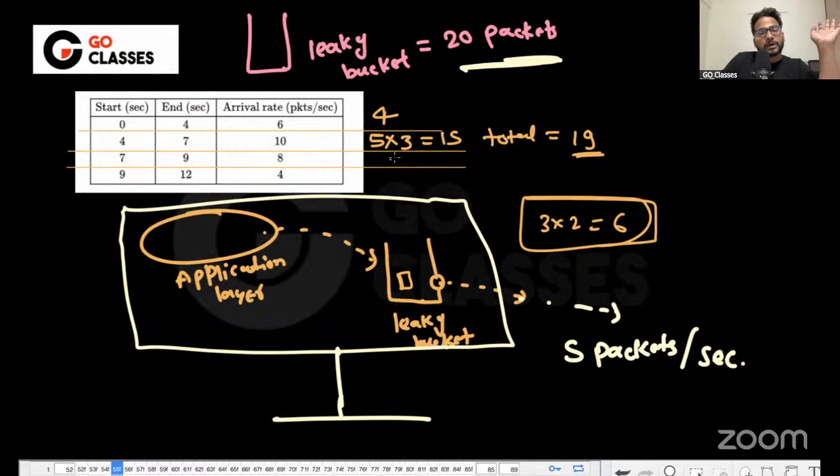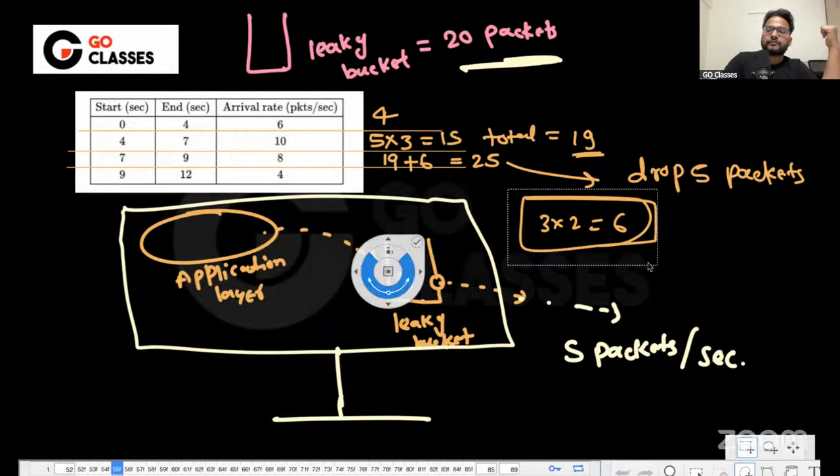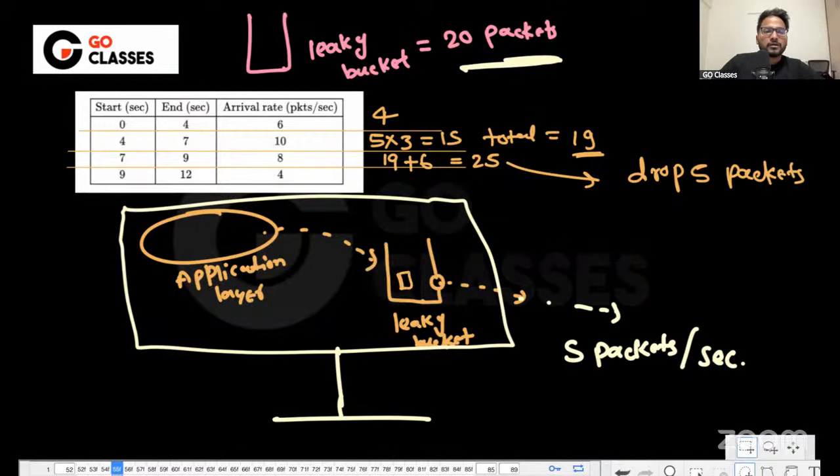But I have 19 with me already. I will try to store 6, but since the total would be 25, I will have to drop 5 packets. Is this fine to everyone? I need to drop 5 packets.